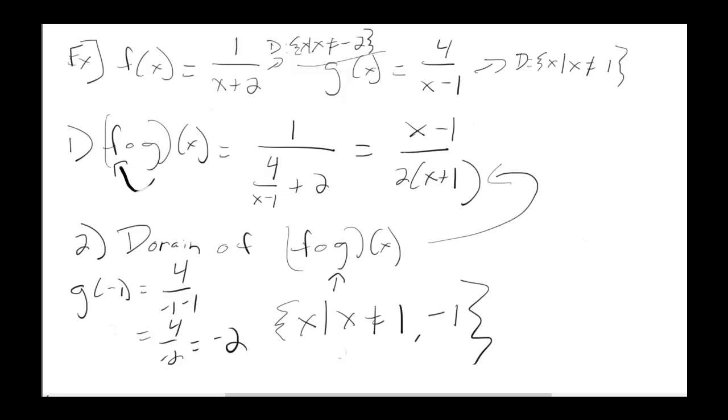That's why this problem here in f doesn't go away. It's just that you have to go through g first. So that's why the minus 1 shows up. So minus 1 produces a value in g that screws up the denominator of f. Always remember, with composition, it is going to be whatever screws up the composition function and then whatever the domain is of the inputting function put together. Alright, that's composition of functions.